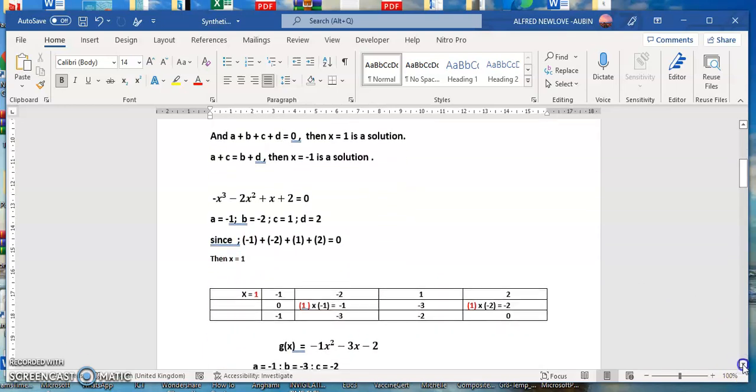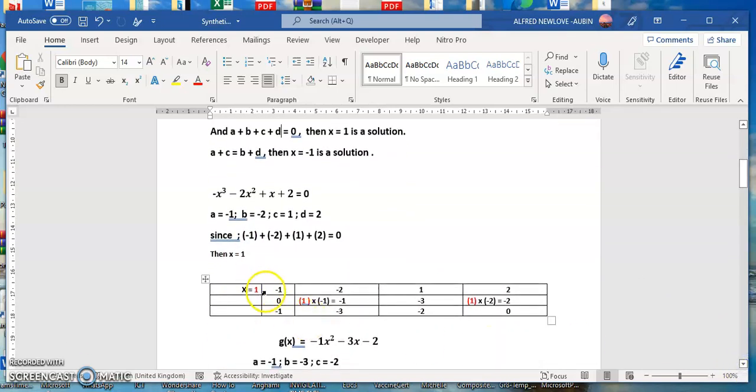We are going to substitute this x equal to 1 into the equation. Your a is minus 1, your b is minus 2, your c is 1, and your d is 2.